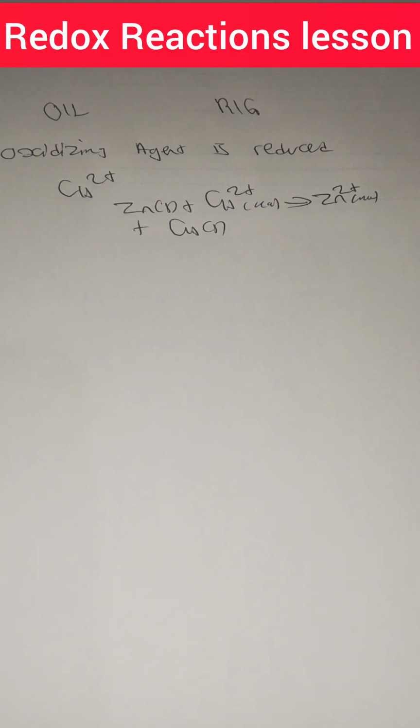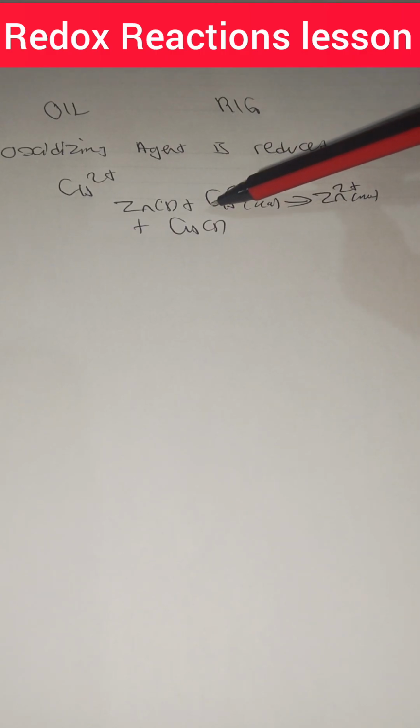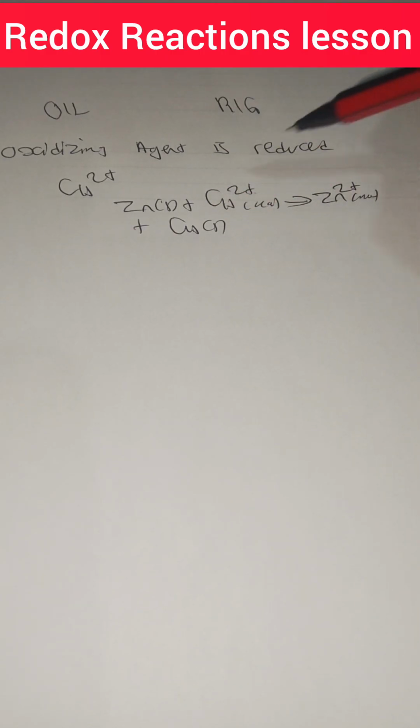On the left side copper was 2 plus, then it has gone to copper, which means this copper has gained 2 electrons. So it's 2 minus 2, it's 0. That's why it doesn't have any positive charges here, which means it has gained electrons.